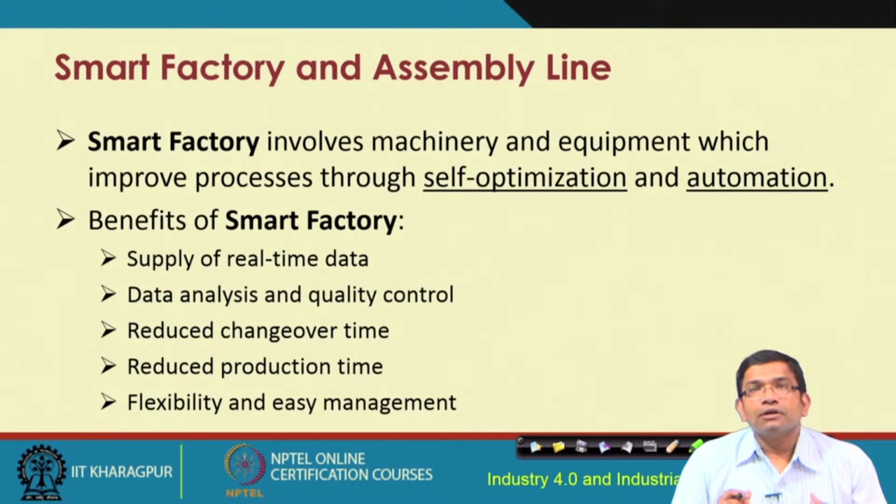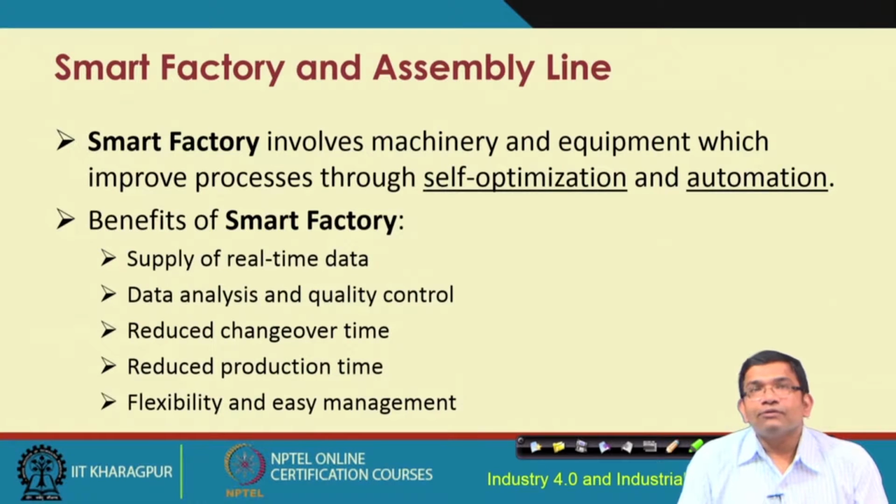So, not just having these machines run respectively in isolation, but also to optimize the processes automatically through the collection of the different data that are coming from these machines about their health conditions and so on, and also through the automation overall. So, self optimization and automation.